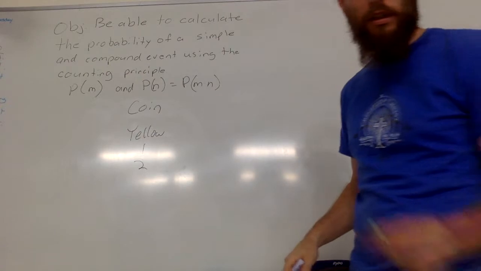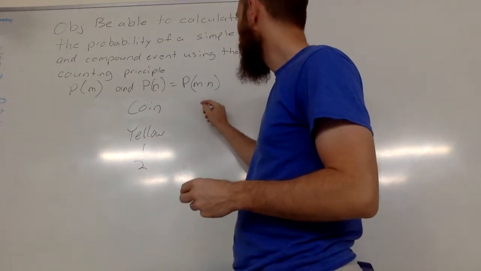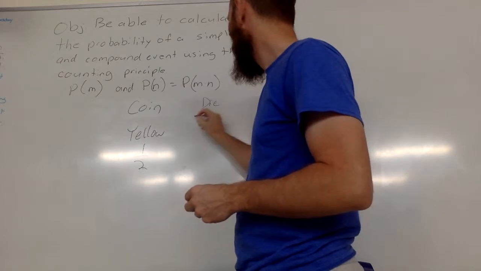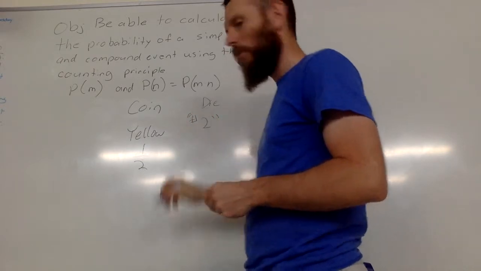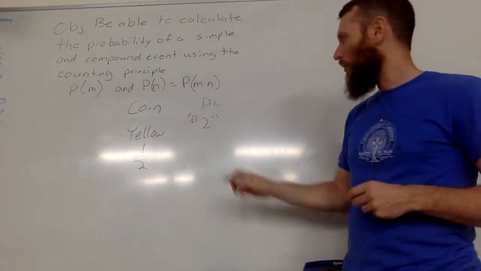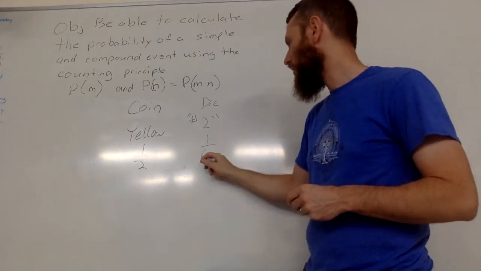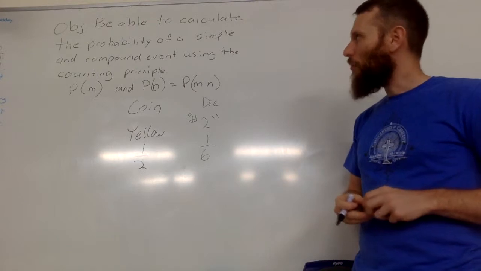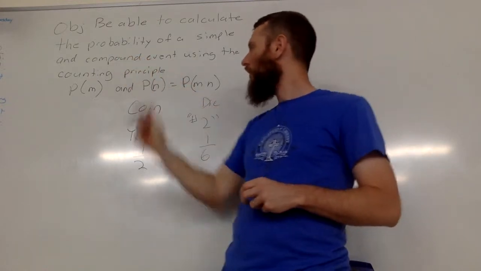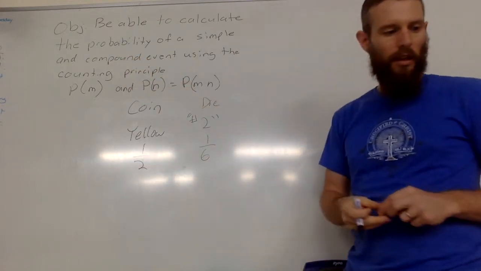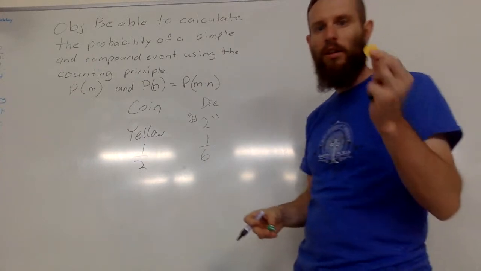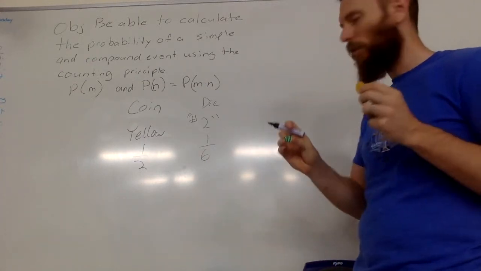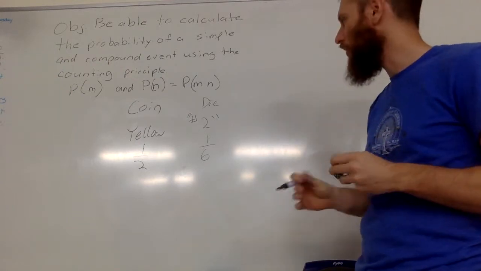And if I want this die to land as a 2, I have a 1 in 6 probability of it landing on a 2. So what is the probability, in this compound event, that I flip this coin and it is yellow, and I roll the die and the die lands on a 2?